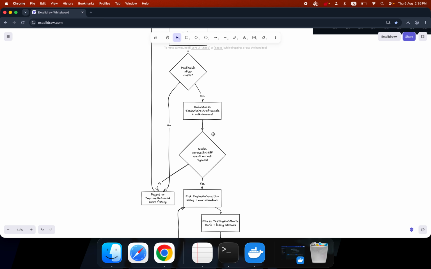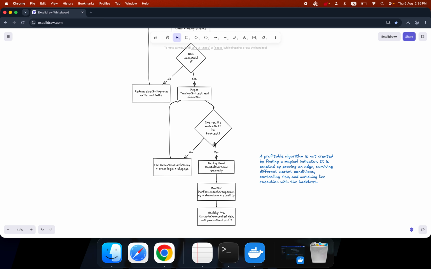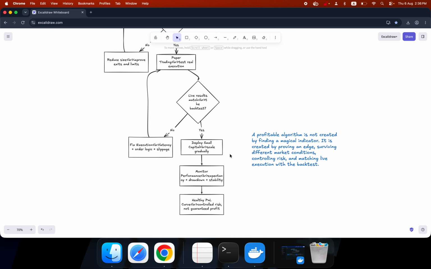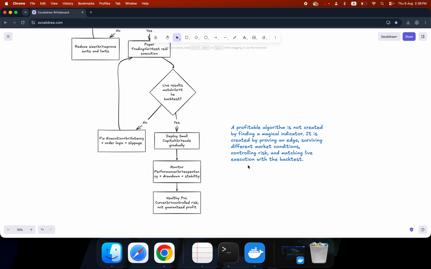So one more thing: the main crux of this video, or the main lesson, is that a profitable algorithm is not created by finding a magical indicator. It's not created by scrolling through the public or private indicators listed on TradingView and just finding that magic indicator.